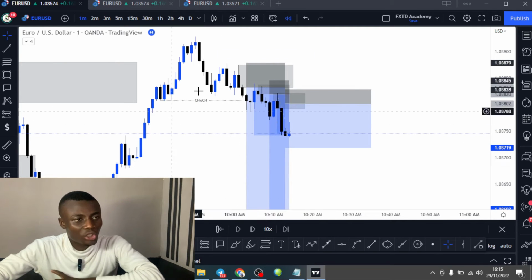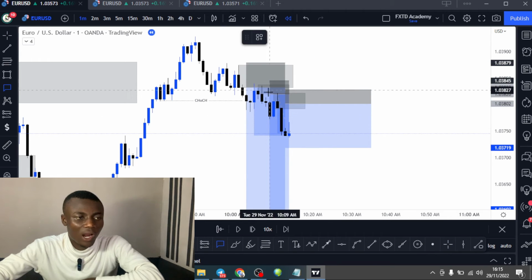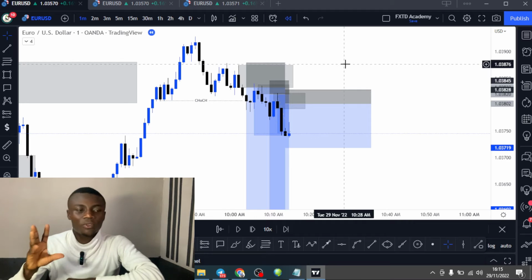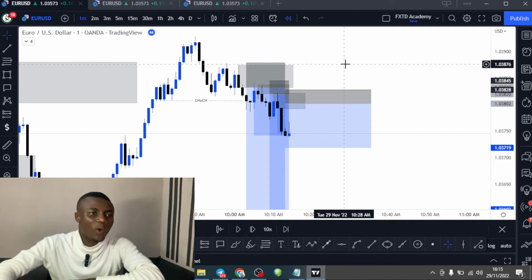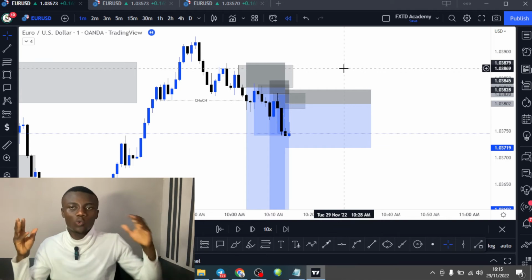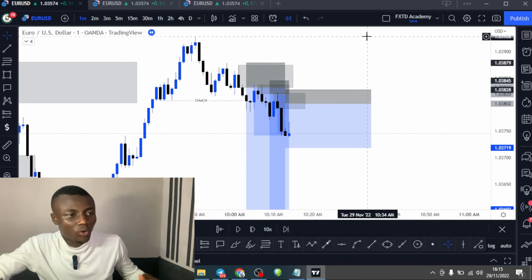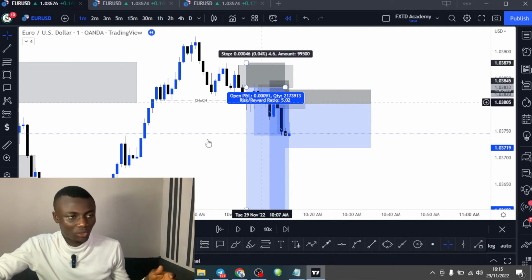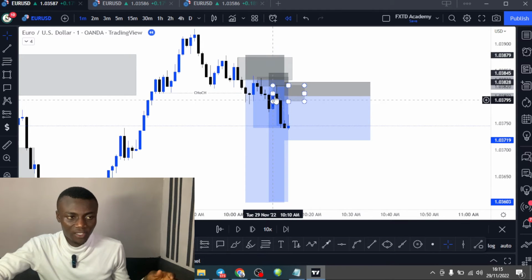And there was another entry opportunity, and this time around it is actually called single candle entry. It's something that you have to first of all look at where price is coming from to know which area is being protected and the area that is still vulnerable for price. So in this case we have a protection already. Because we have a protection, that's why we have this single entry.